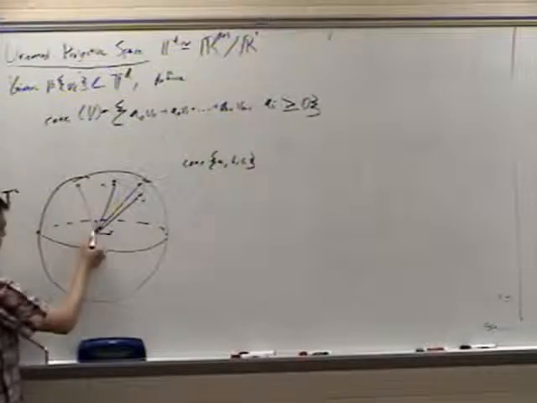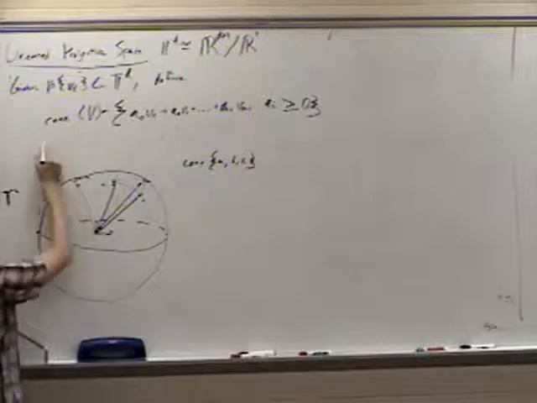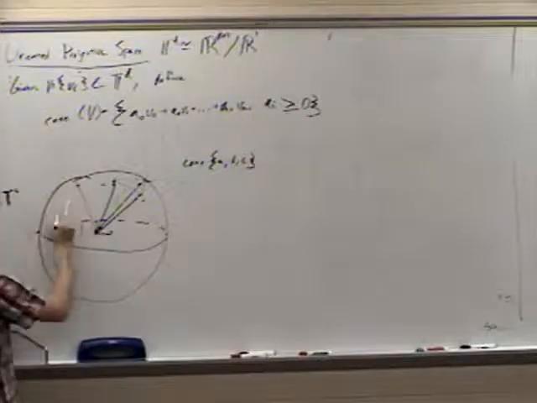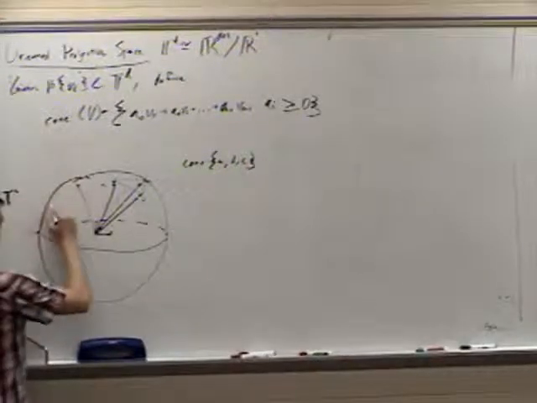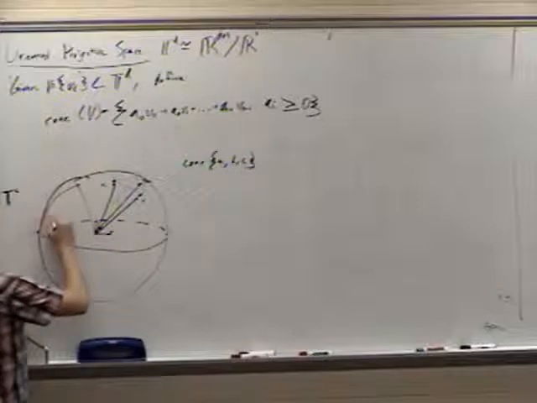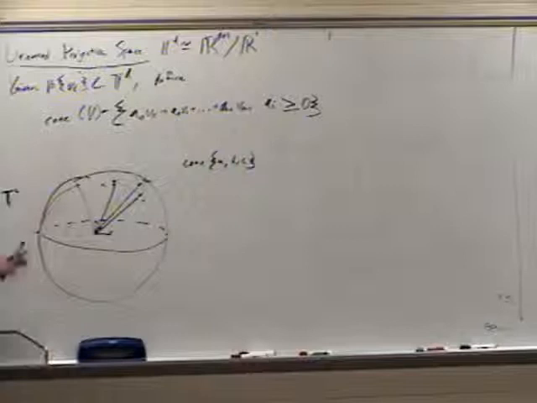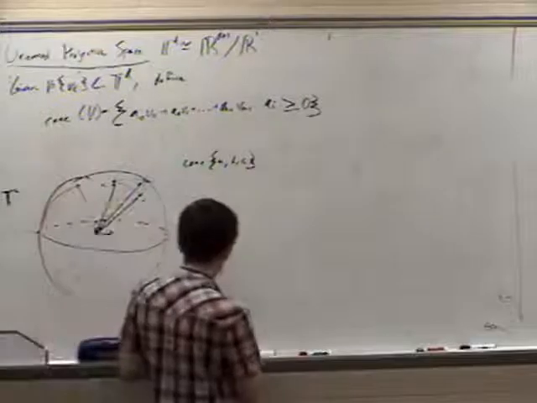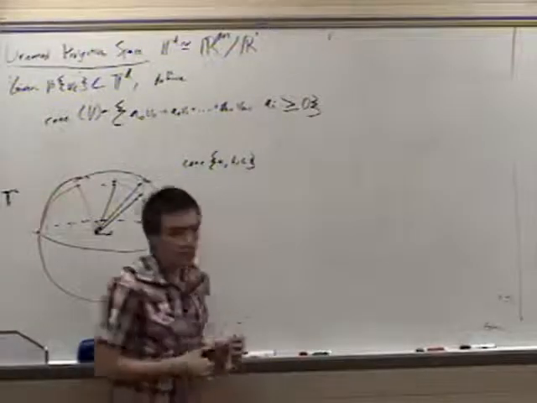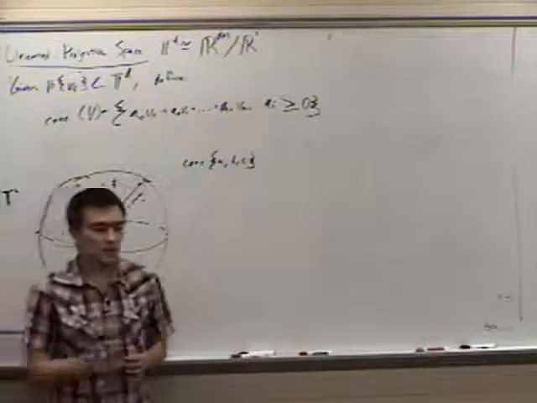The cone spanned by these two things is just going to be this fan. And then the intersection of the cone with the sphere is just going to look like this ray that goes off to infinity.